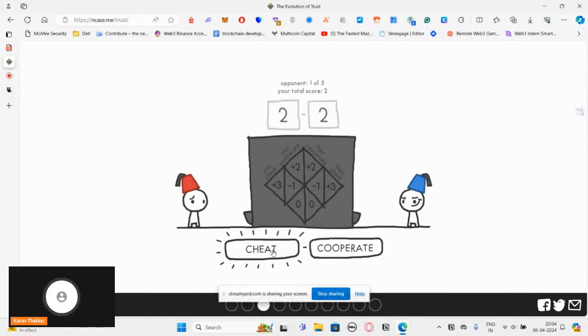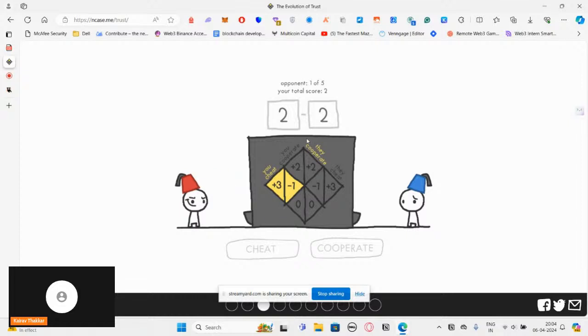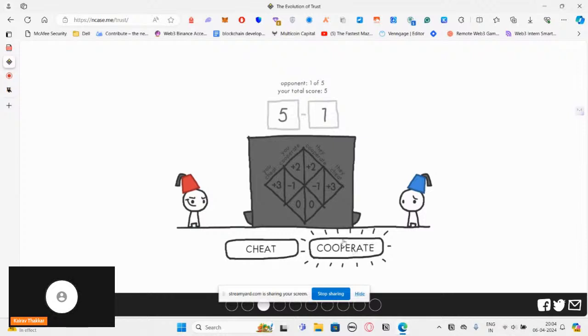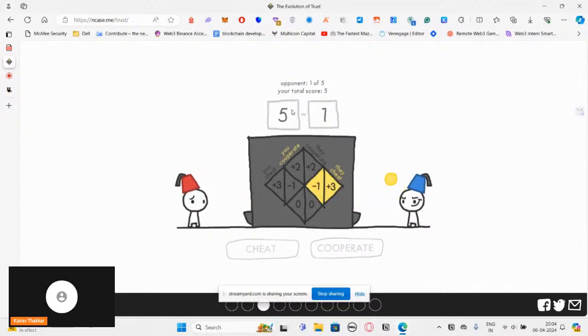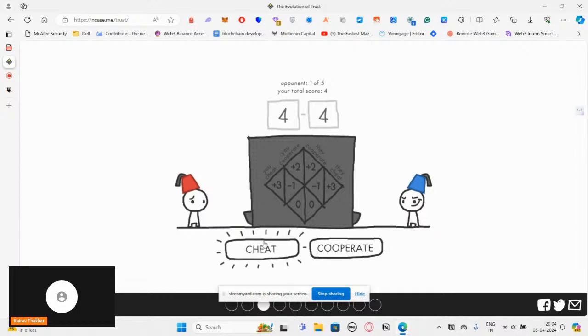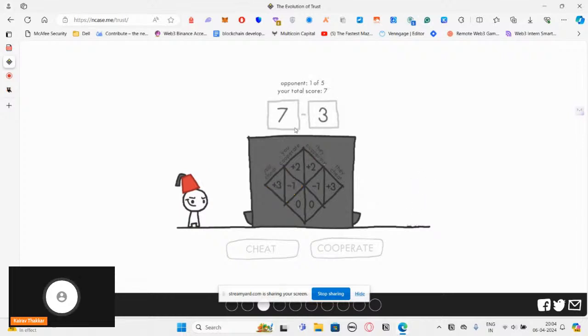So let's just cheat again. Okay, so now we are getting 5 and -1. Now, what if we cooperate again? Then we got 4. And now, let's say we cheat again. Now it's 7. Now the player has changed.